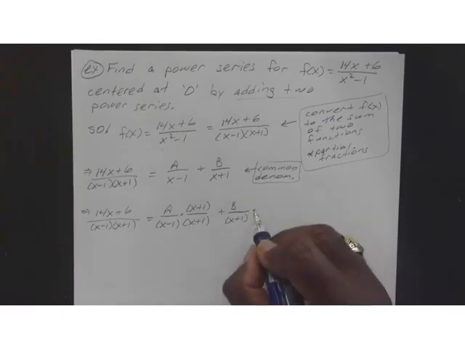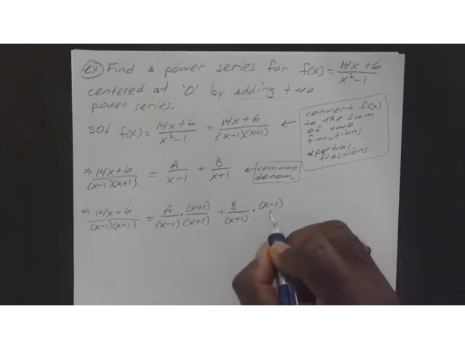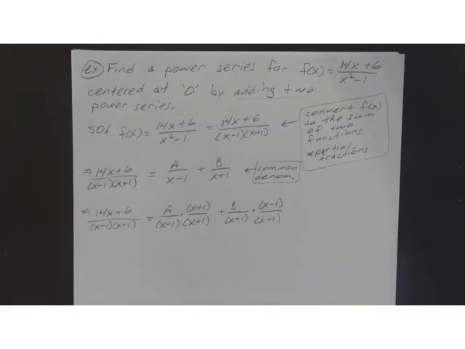We're going to multiply that by x minus 1 over x minus 1. So once we have our common denominator, we know that if we multiply each term by that common denominator, all of those denominators will cancel out and just equal 1.